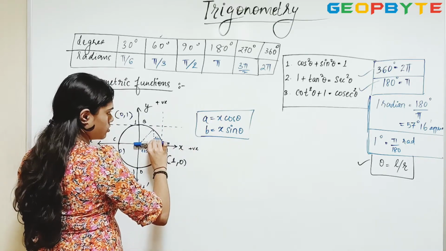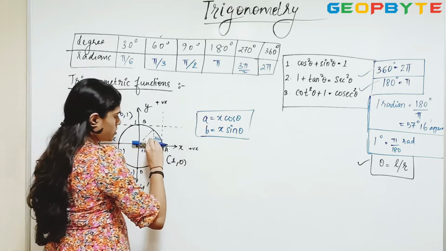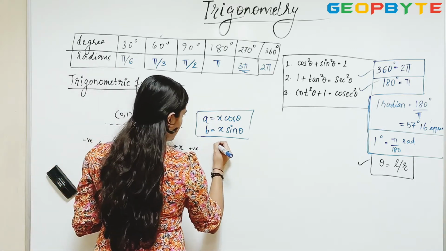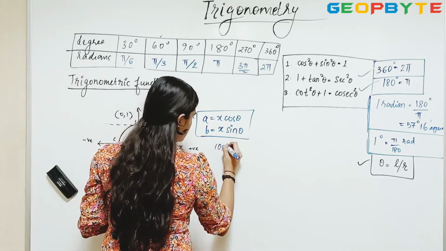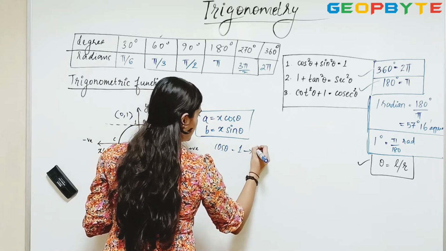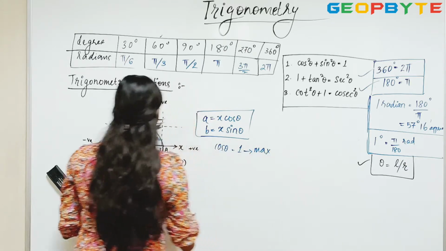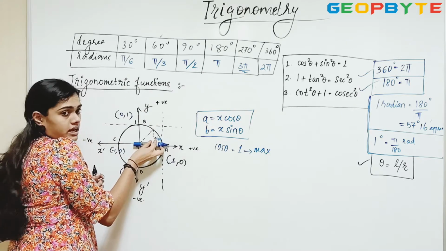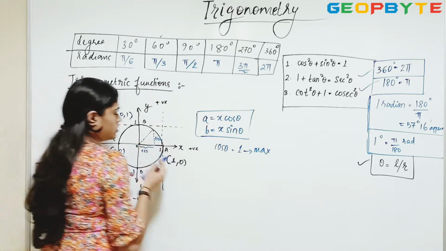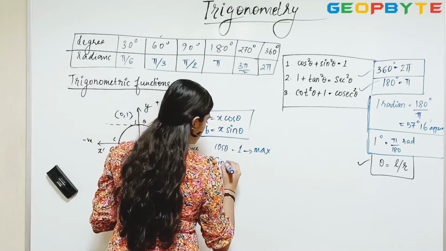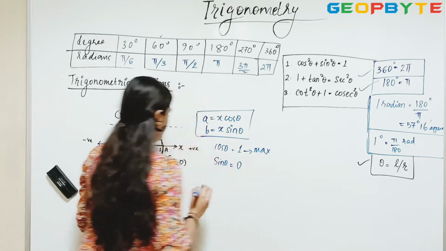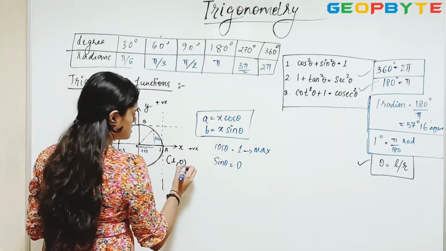Which is in the cos component. That means my cos component is 1. Cos component is my 1. That is maximum. And see, do I have any sine component? No. So my sine component is 0. That is my coordinate 1 and 0.